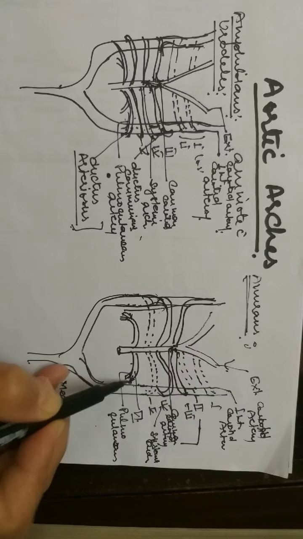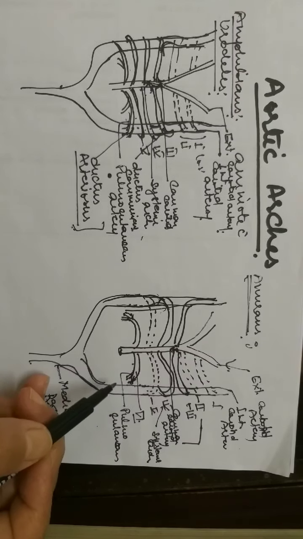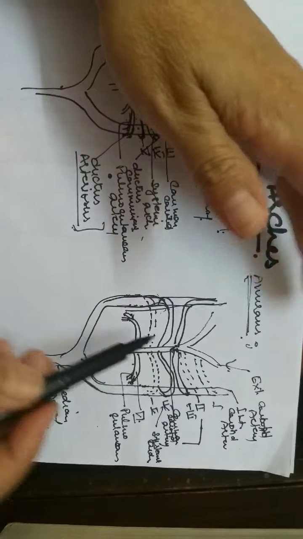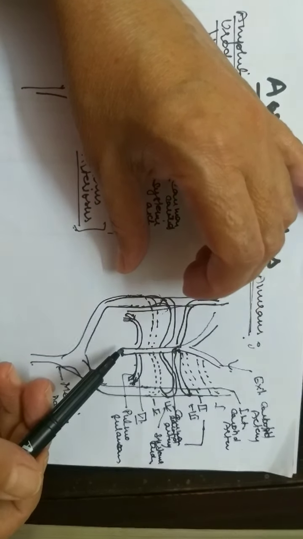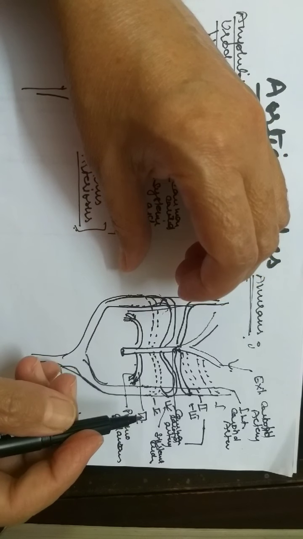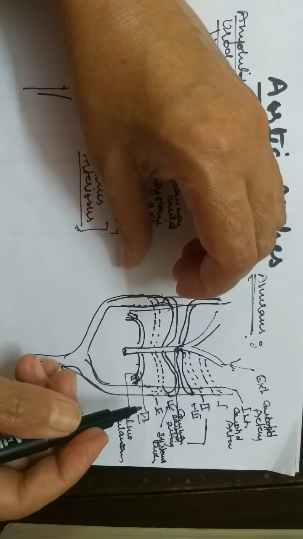Whereas it has lost the connection, that is, ductus arteriosus is no more there, that connection is reduced, and imagine all of this is shrunk together. The ventral aorta shrinks, and ultimately it gets incorporated into the conus arteriosus to form truncus arteriosus.